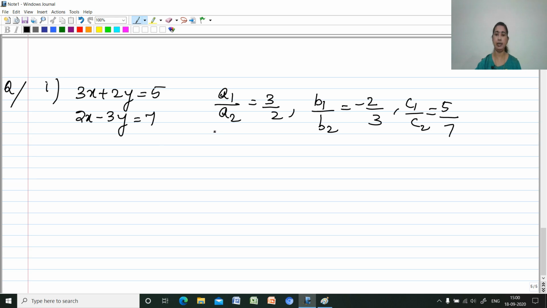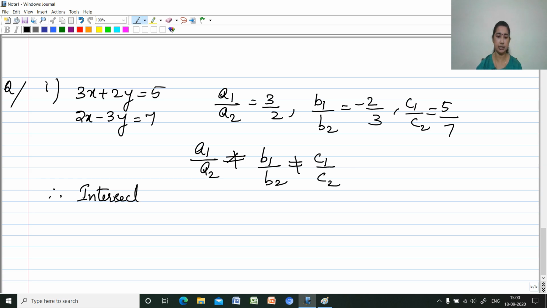So you can see here a1 by a2 is not equal to b1 by b2, which is also not equal to c1 by c2. What happens if they are not equal? That means they are intersecting lines.